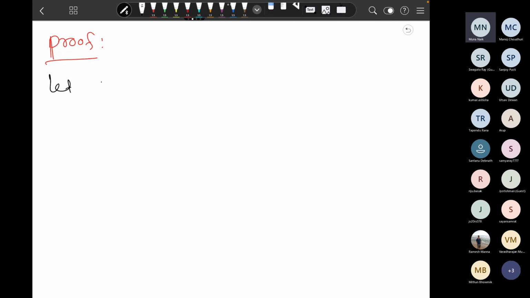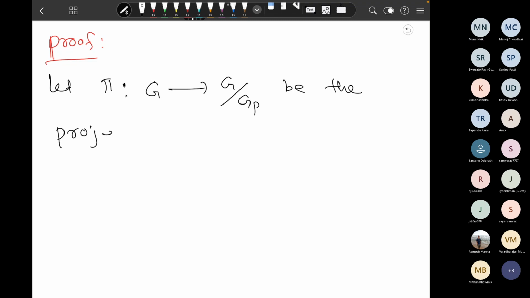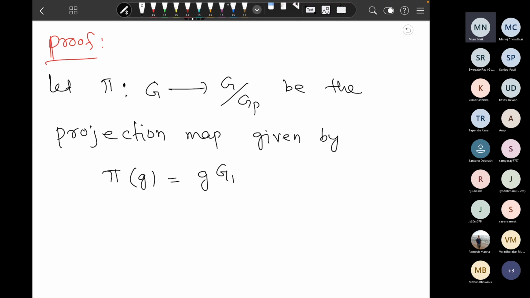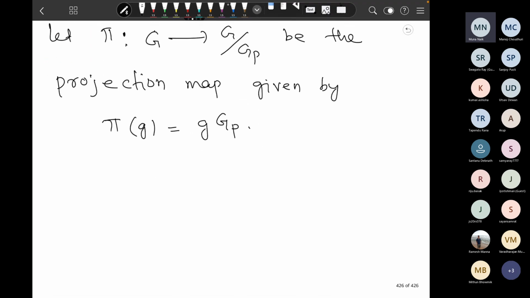So let pi from G to G mod GP be the projection map given by pi of G equal to G GP. So pi is a projection map, and it is a continuous open map.